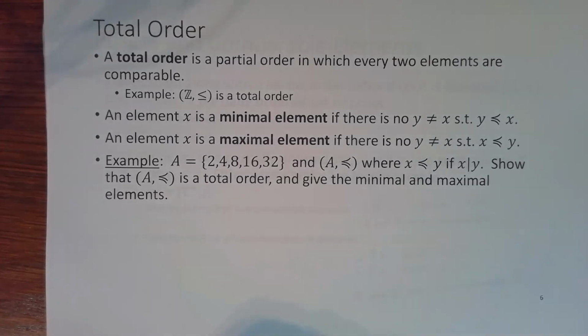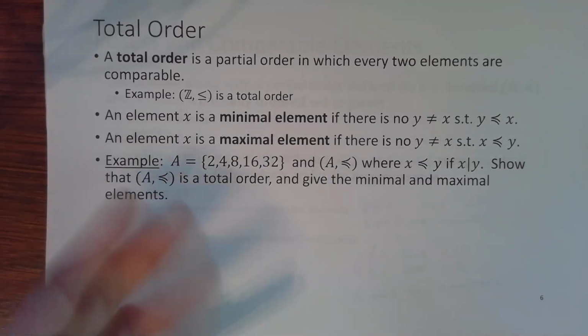We want to show that it's a total order and give its minimal and maximal elements. To show that it's a total order, we need to show that there is always a relationship between every possible pair. So let's go through them methodically.